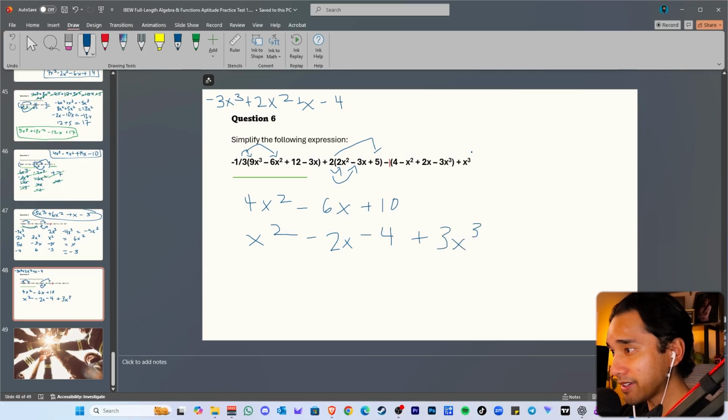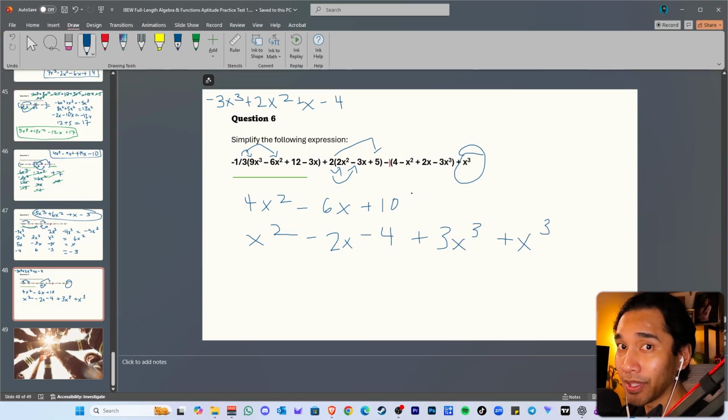Most people will forget to do this too. They're going to forget to write this plus 3x cubed. So for the sake of this video, we're just going to put it right here, with this part of the bracketed parentheses equation that we did. Don't forget that. Most people will do this problem and then forget that x cubed. Don't be that person.